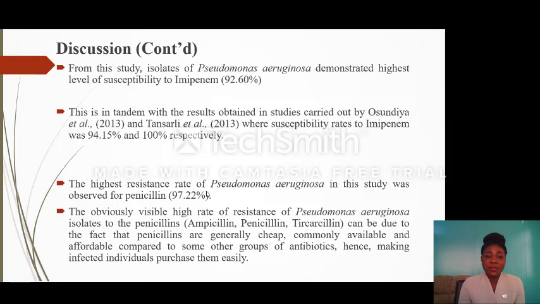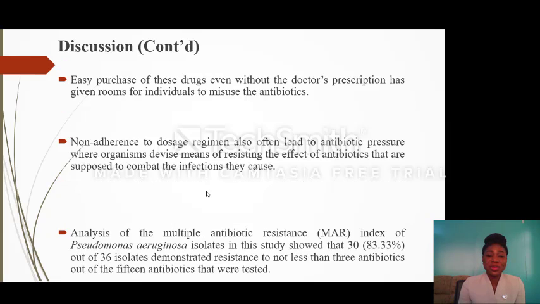Easy purchase of this drug, even without a doctor's prescription, has given room for individuals to misuse the antibiotics. Hence, they have developed antibiotic resistance to the drugs. Non-adherence to dosage regimen also often leads to antibiotic pressure, where organisms devise means of resisting the effects of the antibiotics that are supposed to combat the infections they cause.